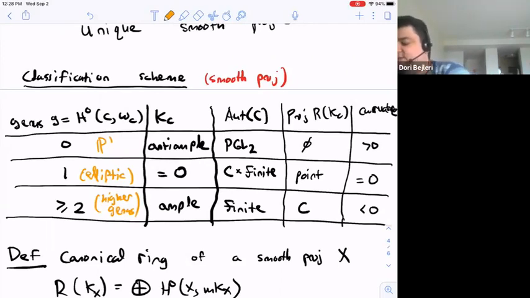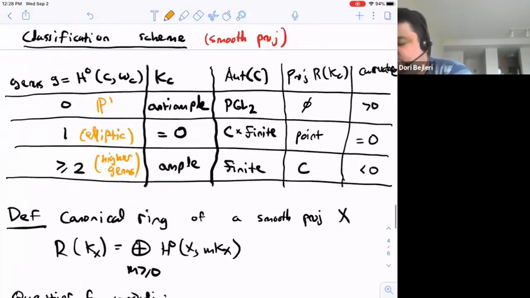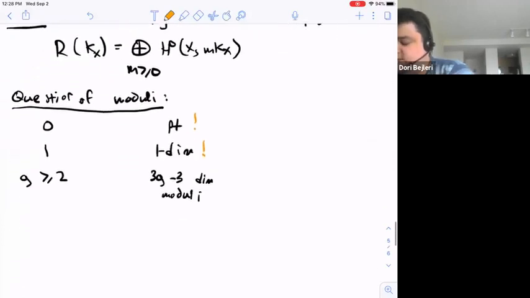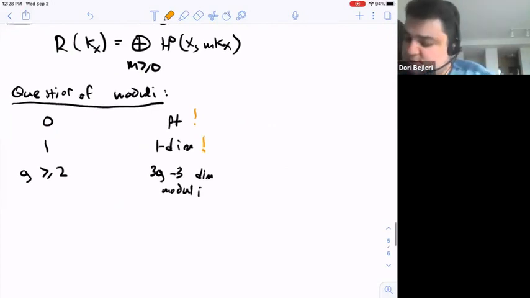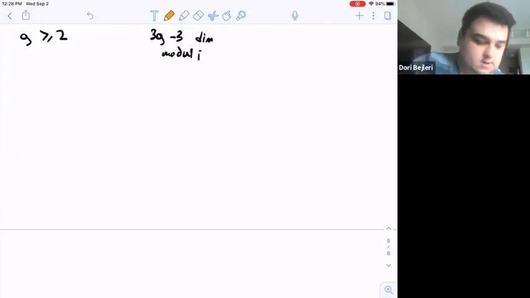And so we have this nice classification of the geometry in terms of the canonical divisor. And then once we have that classification, then we can say within each of these classes that are based on the canonical divisor, can you classify all the smooth projective curves in that class? And then that's the question of, can you understand these moduli spaces? So that's the overall classification strategy in algebraic geometry.